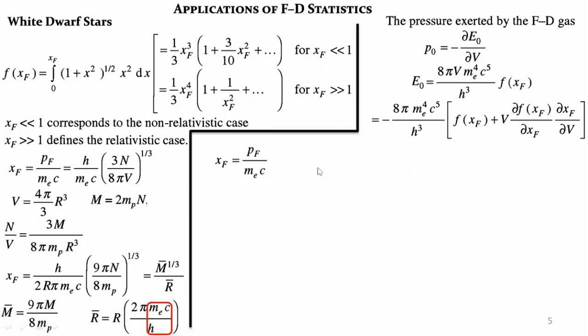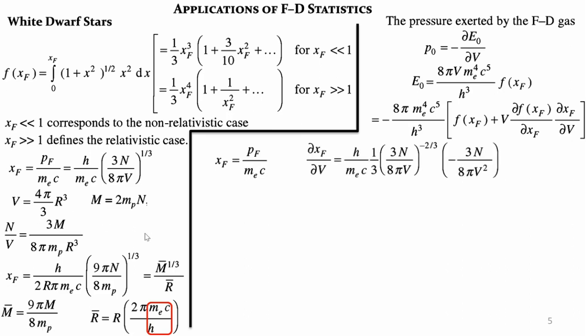And now we know that xf is equal to pf over me into c. We have seen it here itself. Now from this expression, if we try to find del xf over del v, then you can take the derivative. This is a standard simple derivative. This remains as a constant outside the derivative, and this also remains constant. Even n can be taken outside.